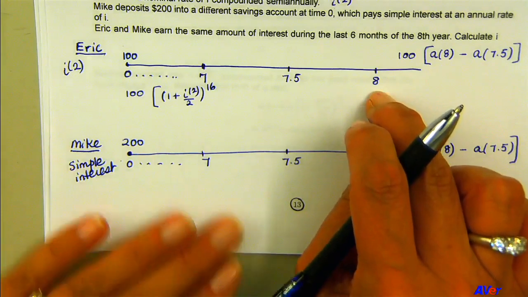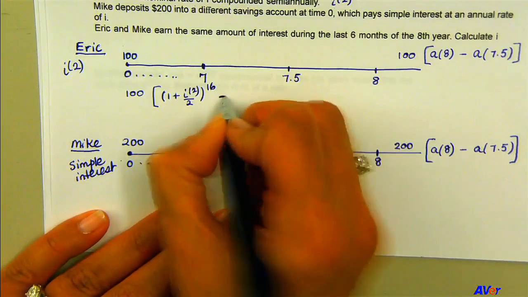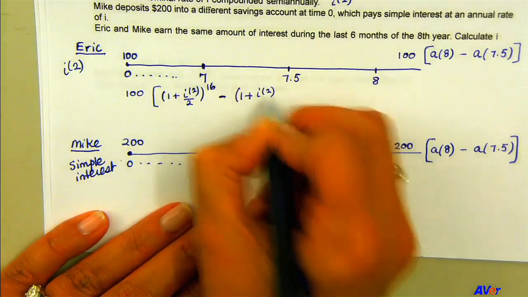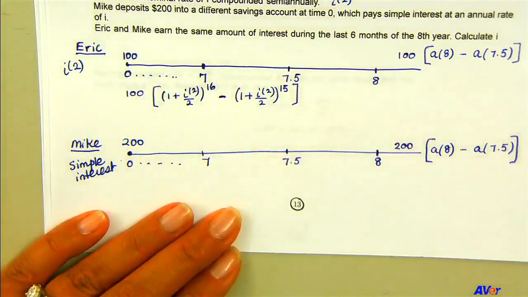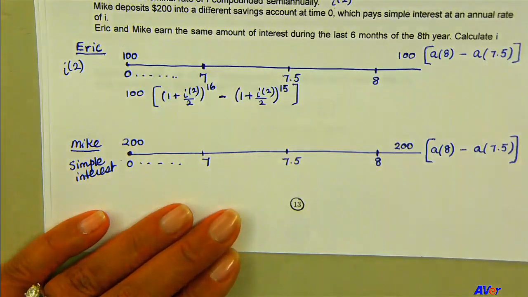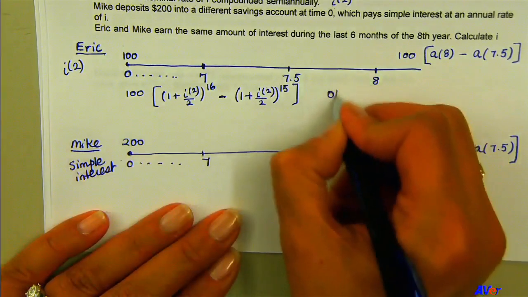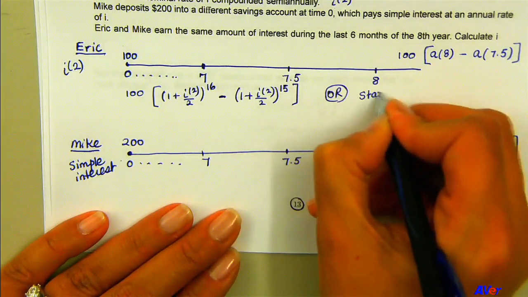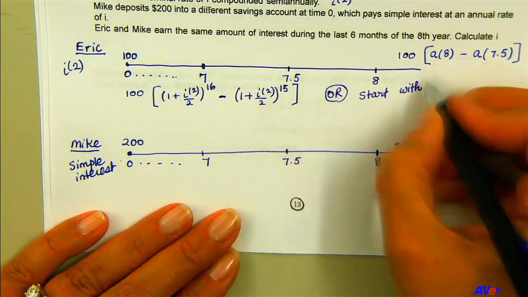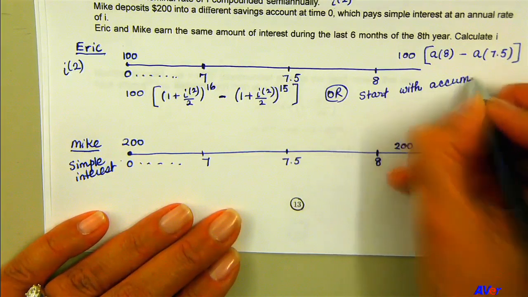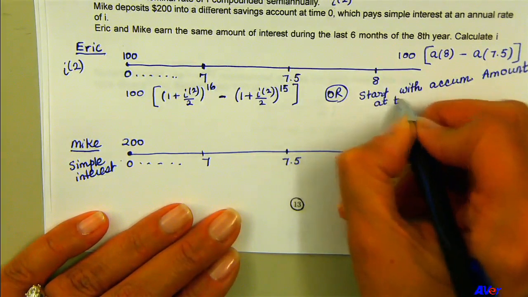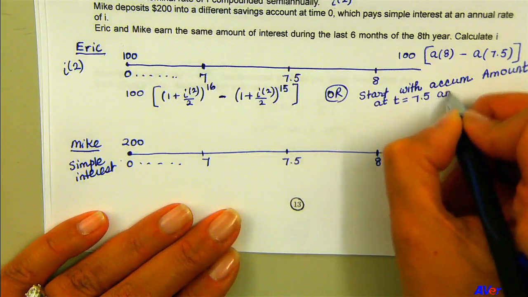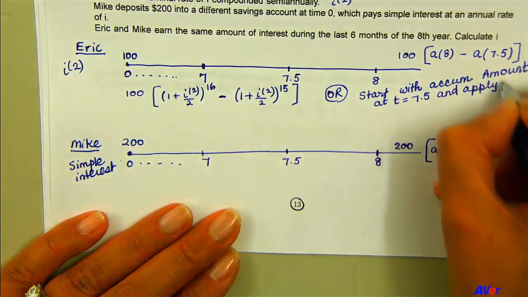So (1 plus i2 over 2) to the 16 minus (1 plus i2 over 2) to the 15th power. Could I do that? Certainly that's fair. Or I could cut to the chase and say, start with the accumulated amount at t equals 7.5 and apply the proper interest rate.